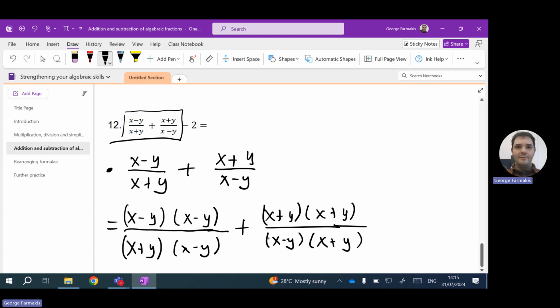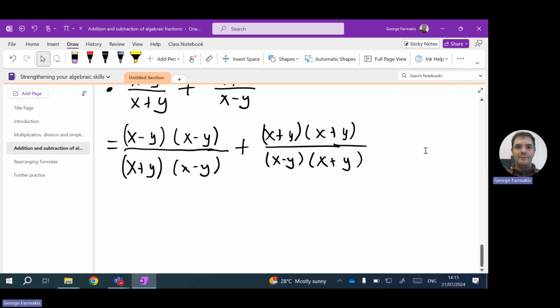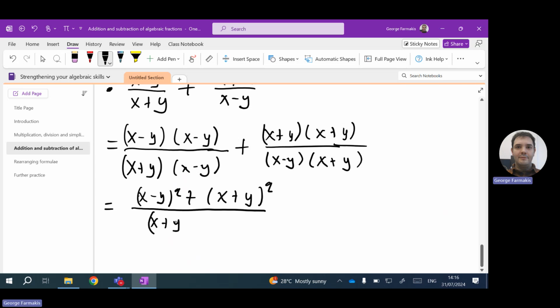So now you see we have same denominators. Okay, very good. So here we have (x minus y) to the square plus (x plus y) to the square over (x plus y)(x minus y). We can carry on with the calculation.